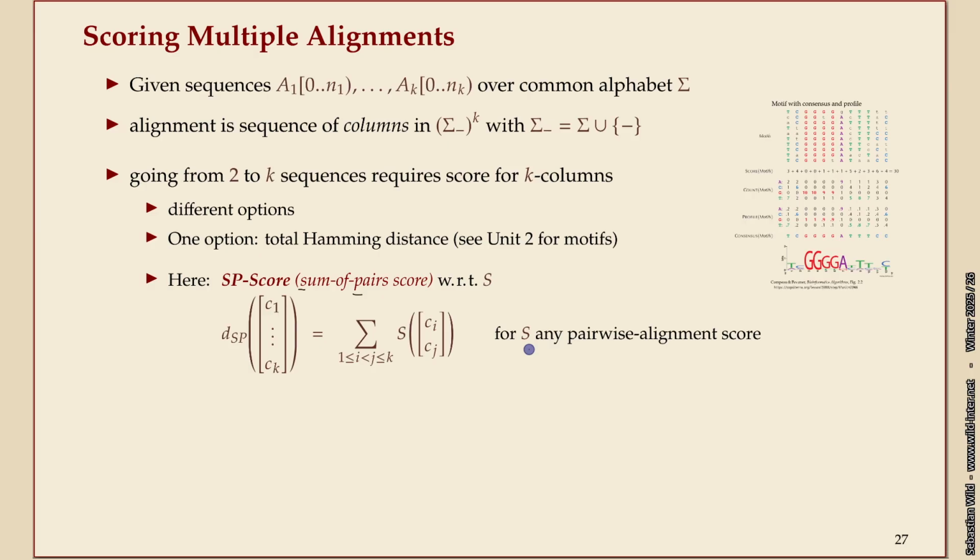So the main benefit of this SP score is you can use whatever fancy pairwise alignment score you've worked out to be useful, and you can lift it to a multiple sequence alignment. Okay? So again, the total score for one alignment, you would have to sum this over all the columns. That's the same as before. It was always additive.